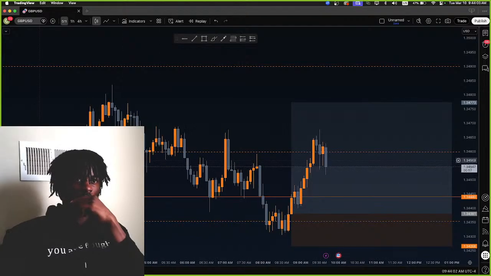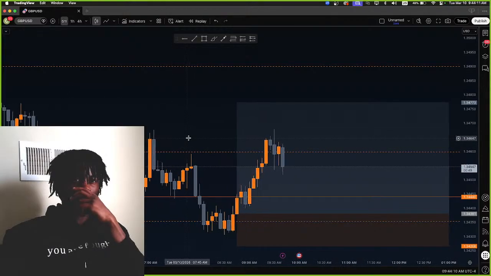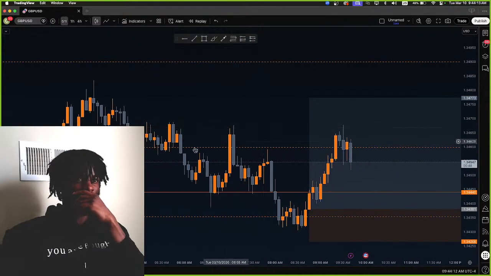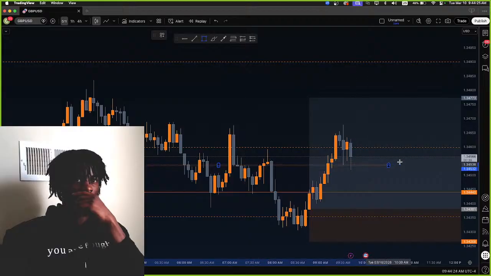There was a previous area of resistance right here as well. Since this is on a 5 minute time frame, I'm not going to mark it off. I'm just going to observe it, within this zone right here.